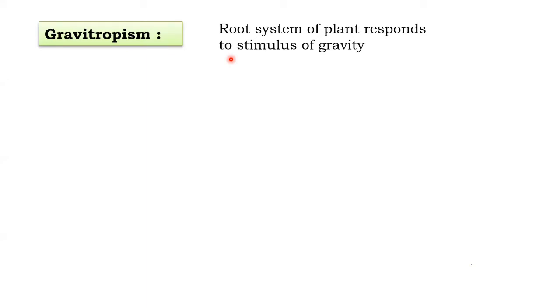It means that it moves away in response to gravity. So if we divide the plant into two systems, the stem system and the root system, we come to know that the root system is positively gravitropic and the stem system is negatively gravitropic. I hope you have understood it well.